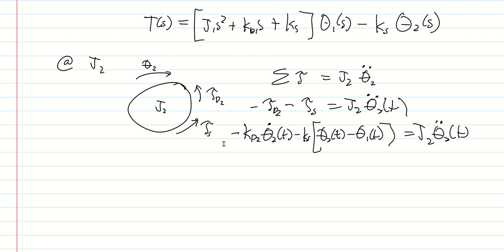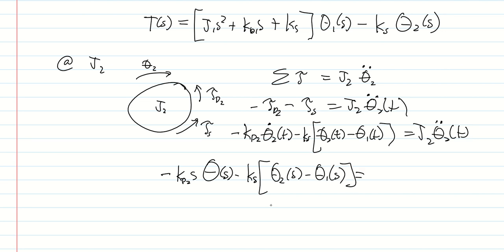Then we take the Laplace of this, so we have negative KD2, then first derivative so multiply by S, then capital theta 2 in S domain, minus Ks times theta 2 minus theta 1. Then this should be equal to J2 times S squared, because this is the second derivative, times theta 2 of S.